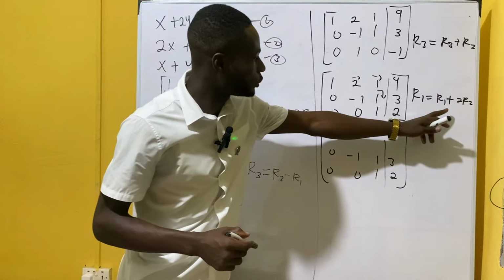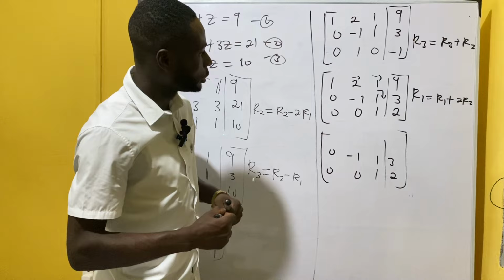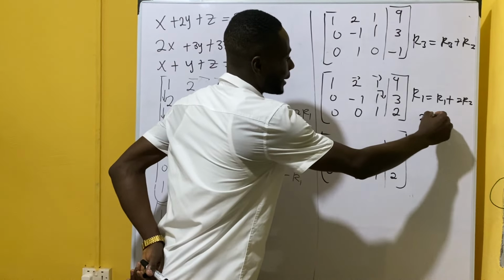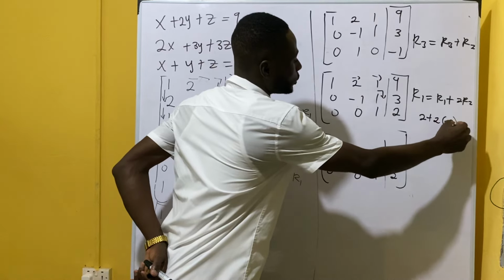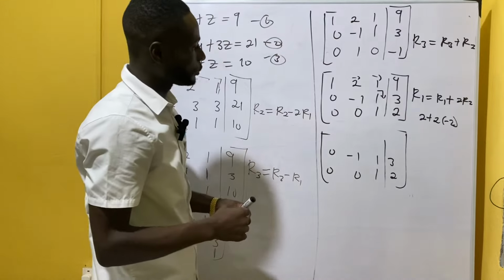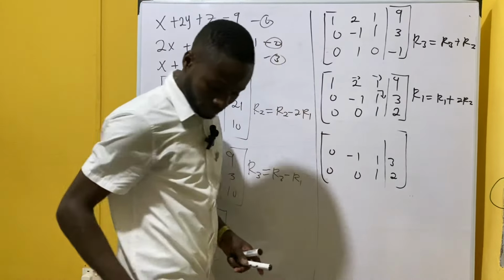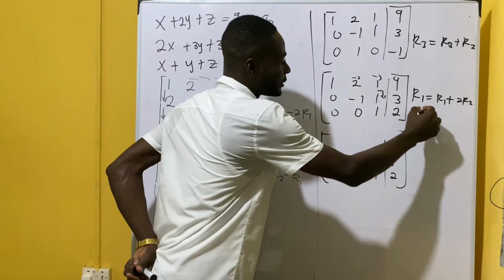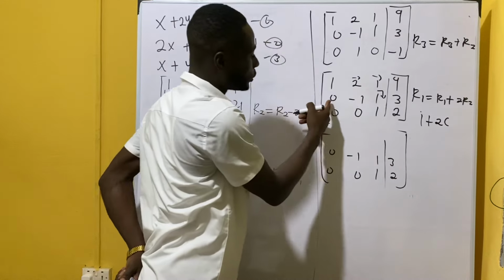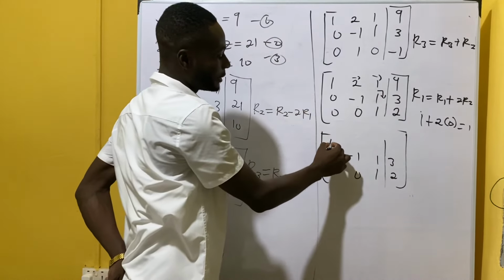Row 1, which is 2, plus 2 times row 2, right? So right here is 1. So let's have this here. So we have 1, the 1 here, plus 2 times row 2, which is 0, right? So we still maintain the 1 right here.